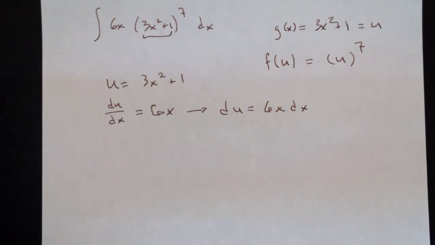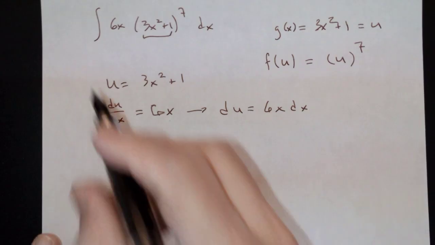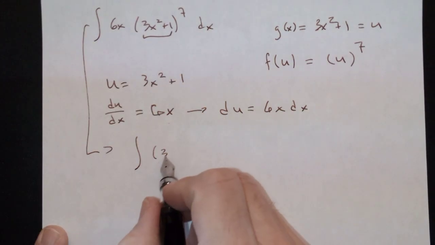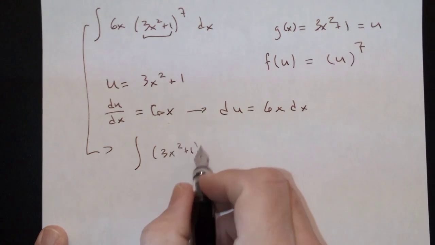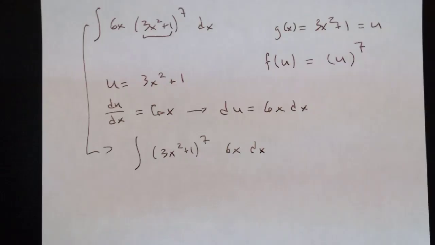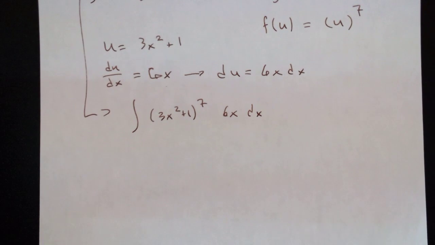I'm going to take our original integral, and I'm going to rewrite it in a different order because I'm multiplying. It doesn't matter what order I multiply the 6x and the 3x squared plus 1 to the 7th. And now I'm going to turn everything in this integral from x to u in one fell swoop.